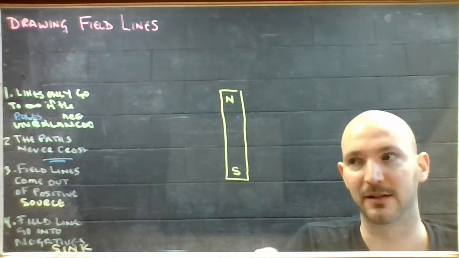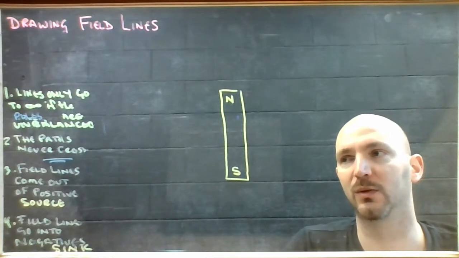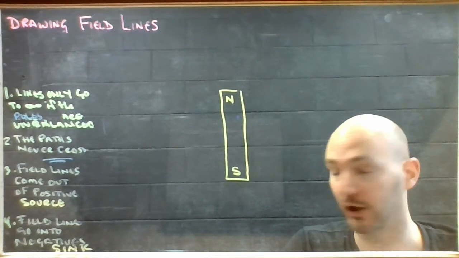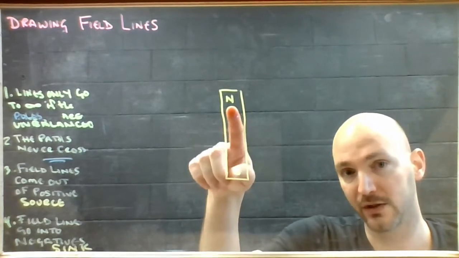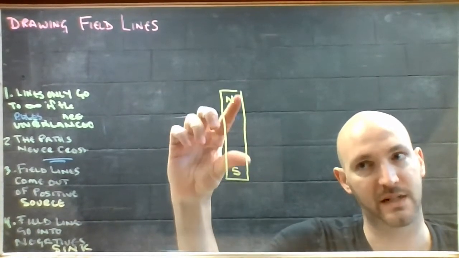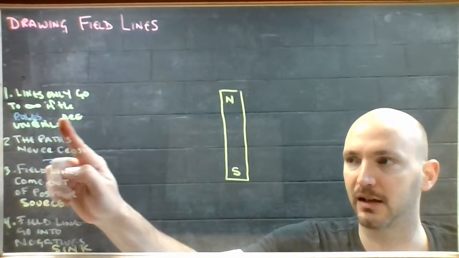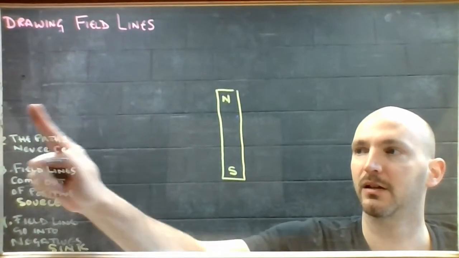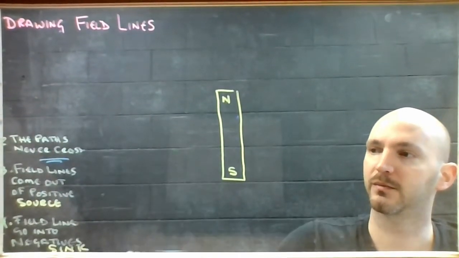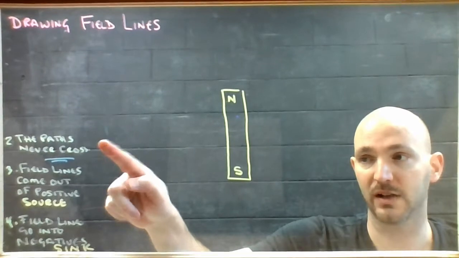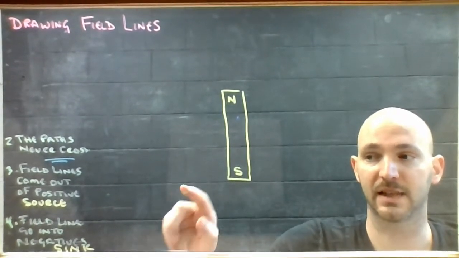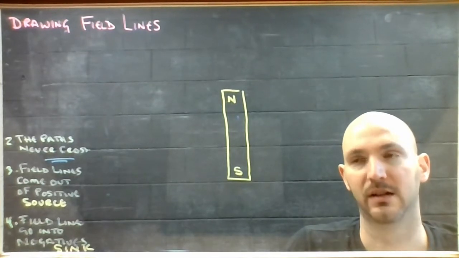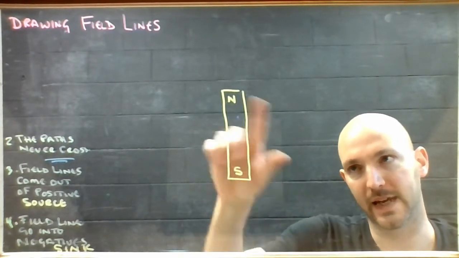So net, this idea here, lines only go to infinity if the poles are unbalanced. That will never occur. You'll have a north and a south, and they're always coupled together. So I'm going to get rid of this. The paths never cross, that one holds, because these things are supposed to be pathways for test magnets. So I can't have choices.